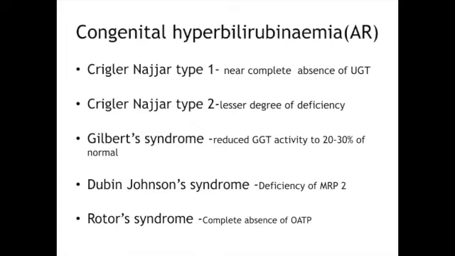Conjugation, the protein which takes the unconjugated fraction into the liver, or the Rotor syndrome may be due to the complete absence of the organic anion transport protein, where there is no reuptake of the conjugated bilirubin and there is elevation of conjugated bilirubin. So hyperbilirubinemia can be either unconjugated or conjugated, depending upon whether there is deficiency of the enzymes or whether there is deficiency of the transporter proteins.